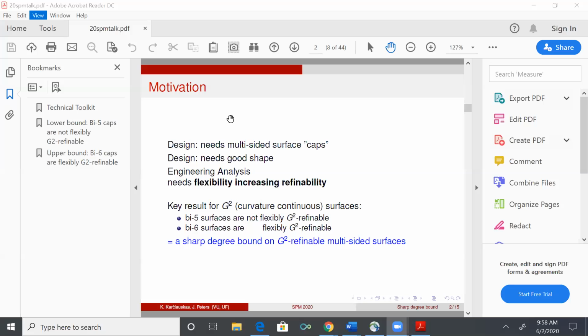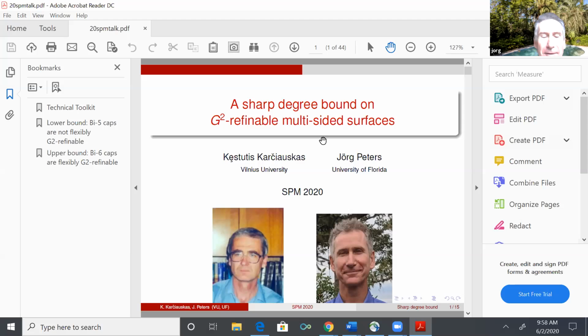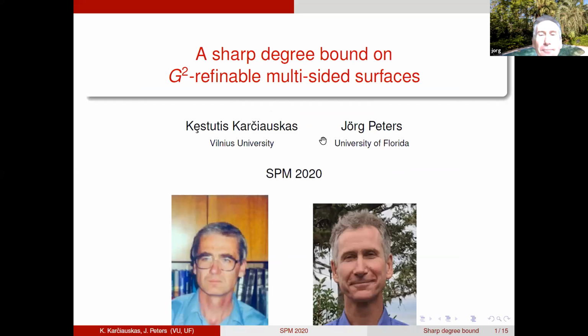Okay, so let me see whether I can share my screen with you. Why is this not doing what I wanted to do? It will eventually. There we go. Yeah, wonderful. Okay.